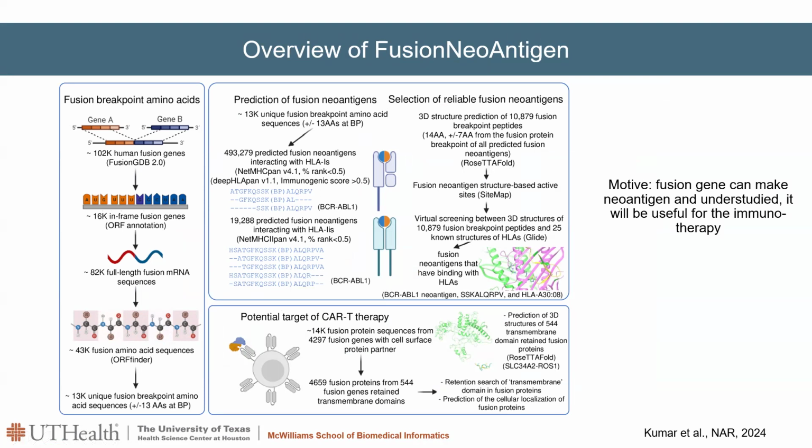Fusion neoantigen is studied from our resource, FusionGDB version 2. It includes about 102,000 human fusion genes, so it has a lot of breakpoints. Considering all multiple breakpoints in each gene and multiple gene isoforms, we check all the in-frame open reading frames, and we found 16,000 in-frame fusion genes.